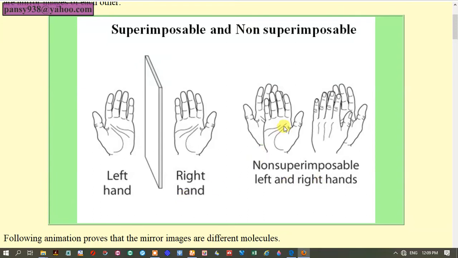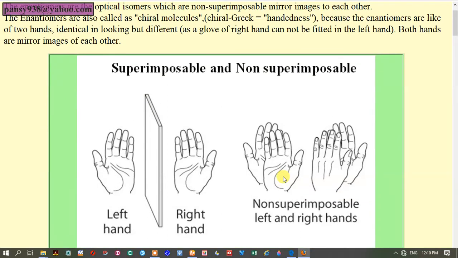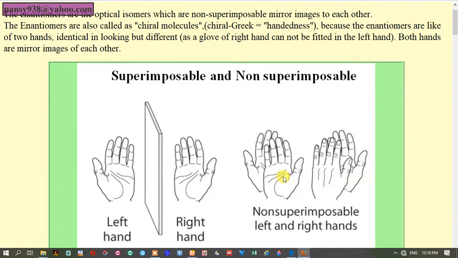Although both hands are non-superimposable and they are different from each other, and you have noticed that a glove made for the left hand is not wearable on the right hand. Such molecules are called chiral molecules.